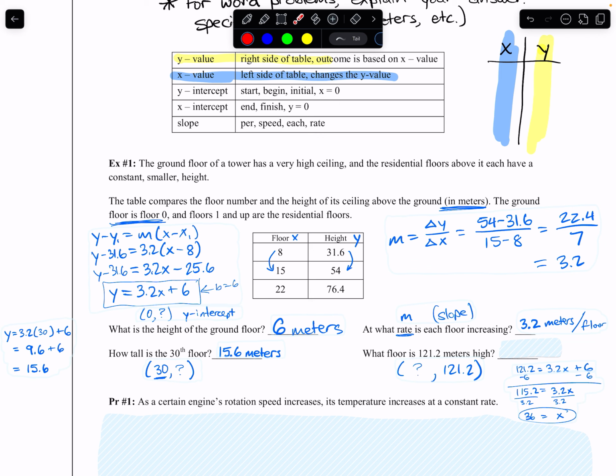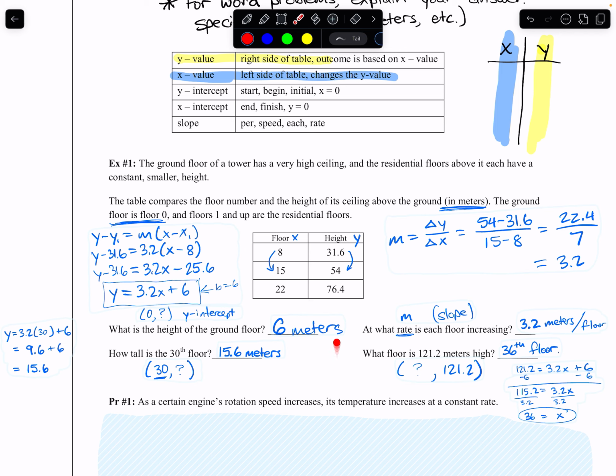I can subtract 6 from both sides and then divide both sides by 3.2. And I will find that x is 36. So I can answer my question now. When y is 121.2, or when the height is 121.2, that means x is 36. So we're talking about the 36th floor.